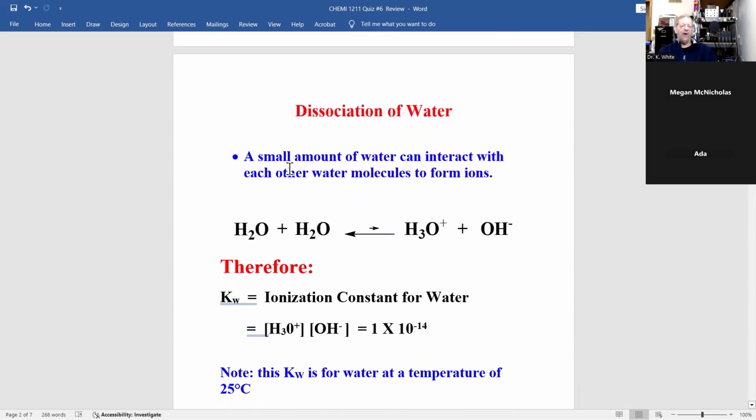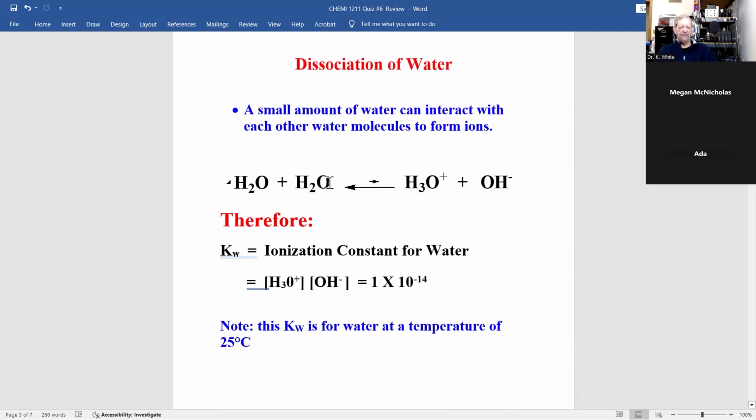Now, it turns out water can react with itself, and it's in equilibrium. Two water molecules react to give the hydronium ion, H3O+, and the hydroxide, OH-.